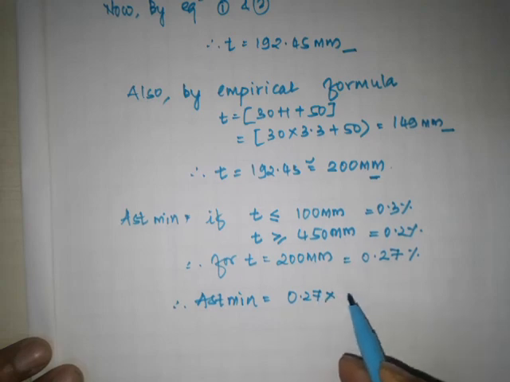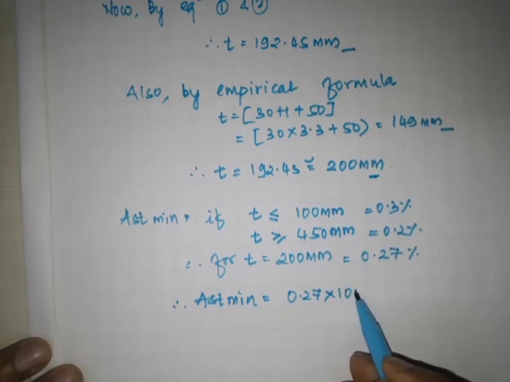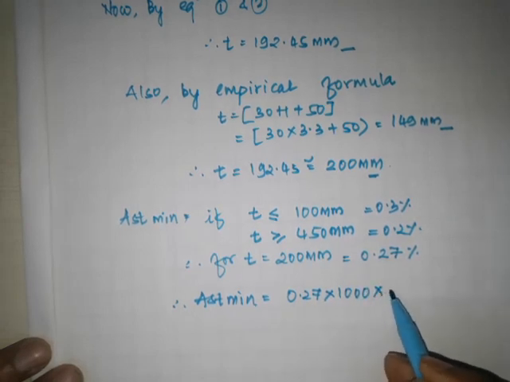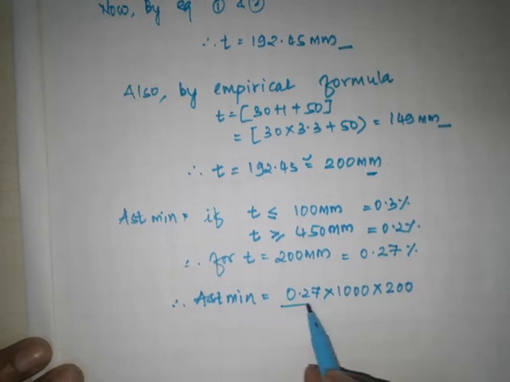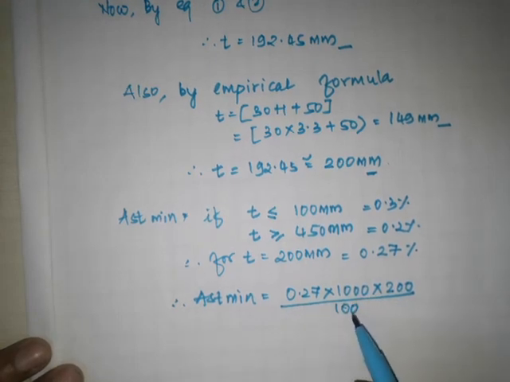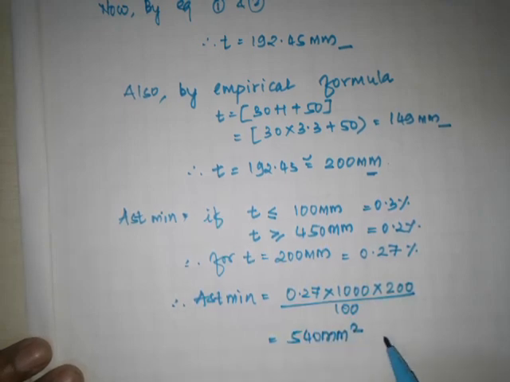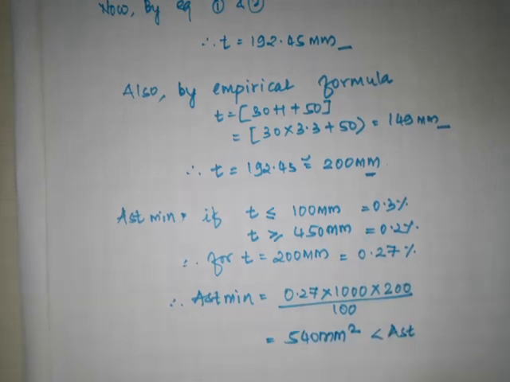0.27 into B into D. B we have considered as 1 meter height, 200 mm thickness, divided by 100. So we will get here 540 mm square, which is less than AST, because our AST is 1402.8.